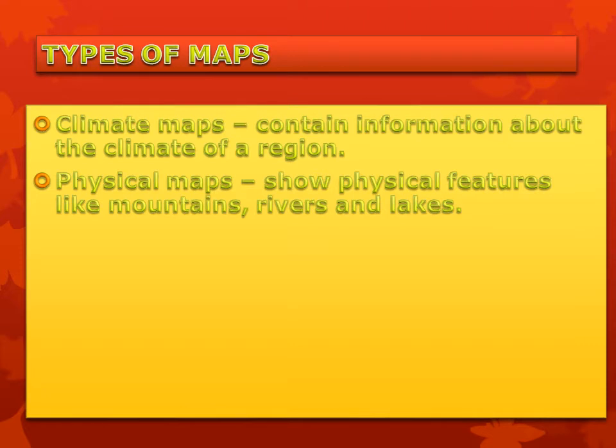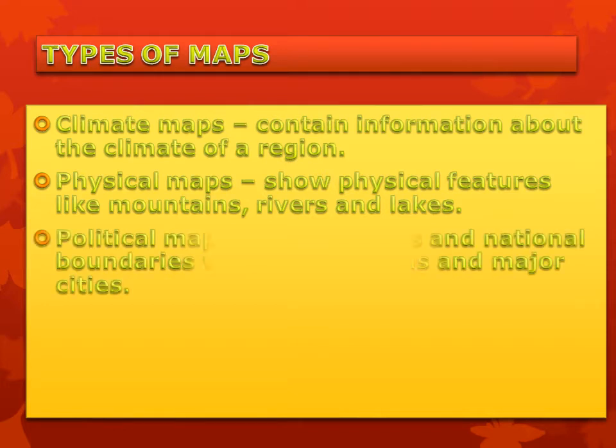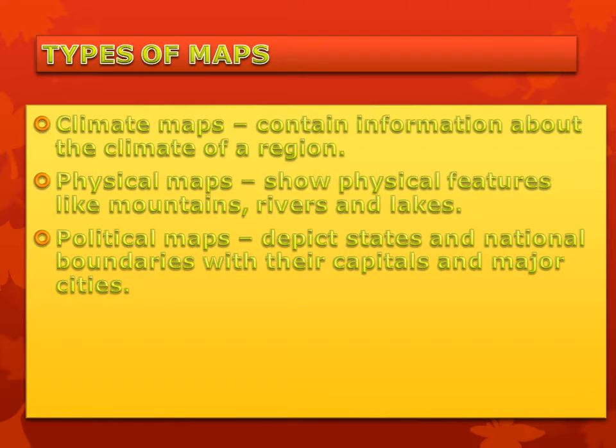It shows physical features like mountains, rivers and lakes. Next we have political maps. It depicts states and national boundaries with their capitals and major cities.